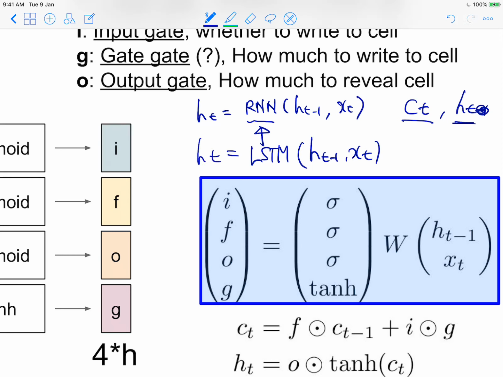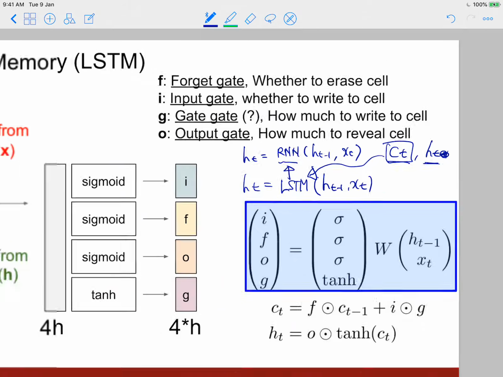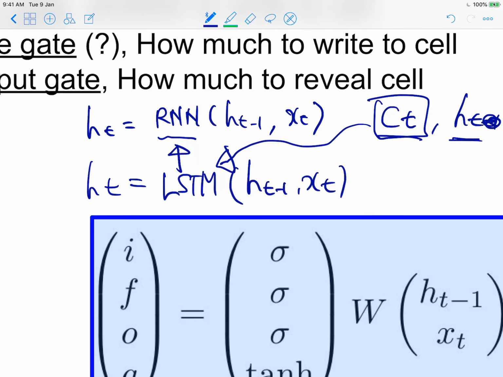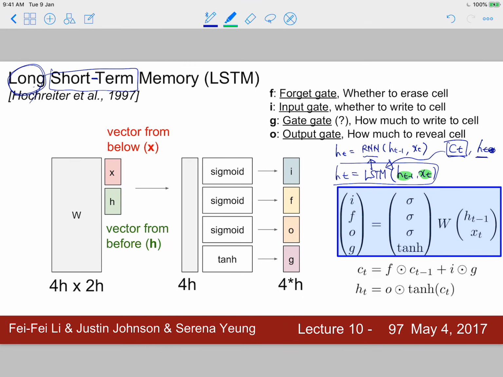Okay, so this is a recurrent formula, right? And now, where is this cell state? It is actually kept inside of this LSTM, so it's kind of an internal memory that the LSTM maintains. Again, we have these two inputs, x_t and h_{t-1}.